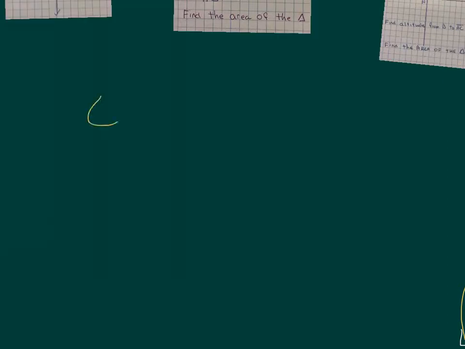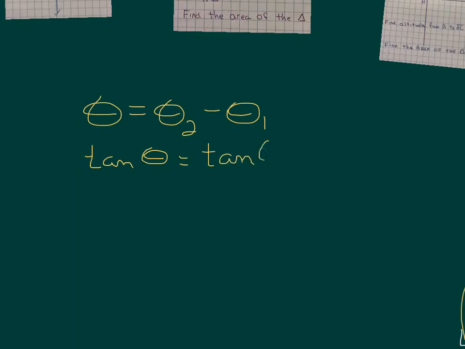Now, if theta equals theta 2 minus theta 1, we can find a formula for the tangent of the difference of two angles. Because remember, the tangent of an angle and the slope are the same thing. And if we have the value for the tangent, we can use the arctan in order to find the angle. But hopefully you remember from a short while ago, the tangent of theta is going to be equal to the tangent of theta 2 minus theta 1.